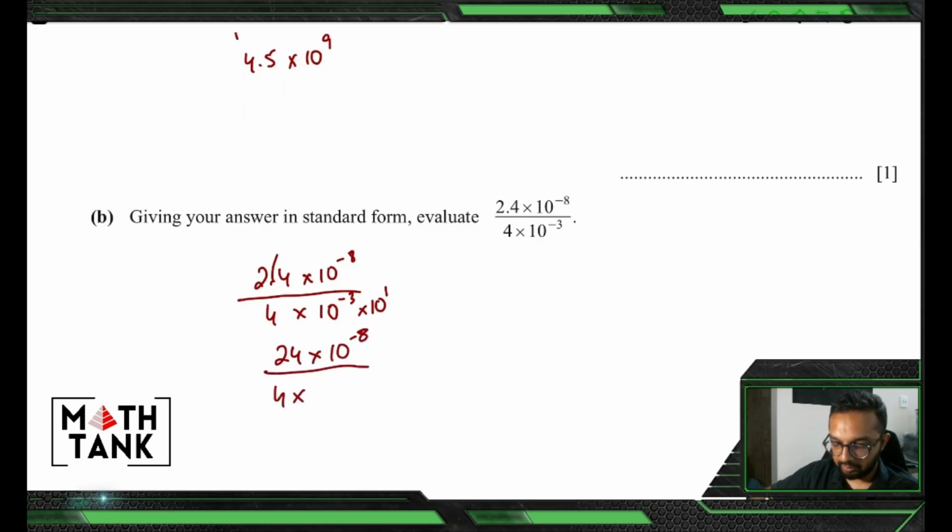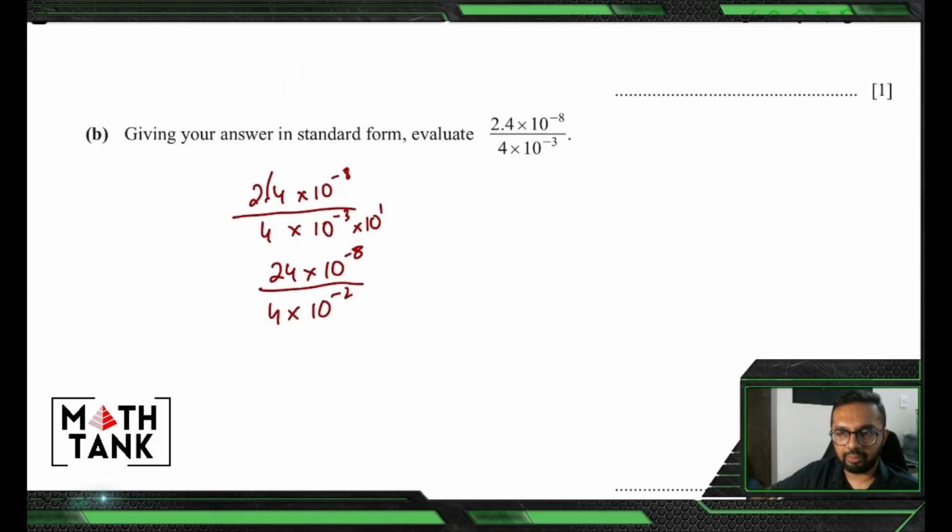So the denominator becomes 10 to the power minus 2, minus 3 and 1 get added, minus 3 plus 1, because indices and all those rules are there. Okay, then 4 times 1 is 4, 4 times 6 is 24. So this becomes 10 power minus 8 minus minus 2. When bases are same, powers get subtracted. Those are the rules for algebra. 6 into 10 power minus 6.